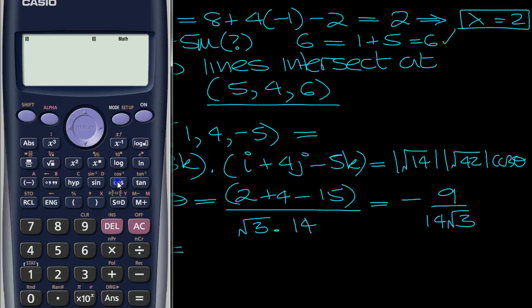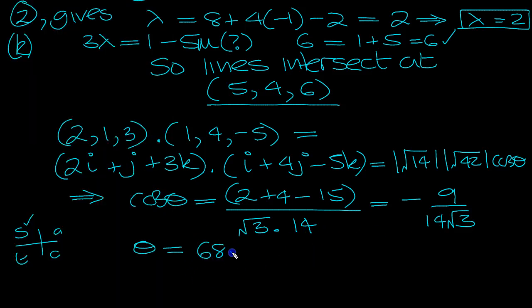But shift cos of 9 divided by bracket 14 times the square root of 3, close bracket, close the cos, equals, we're in degrees mode, 68.2 degrees. So it's 68.2 degrees, and that was to 1 decimal place.